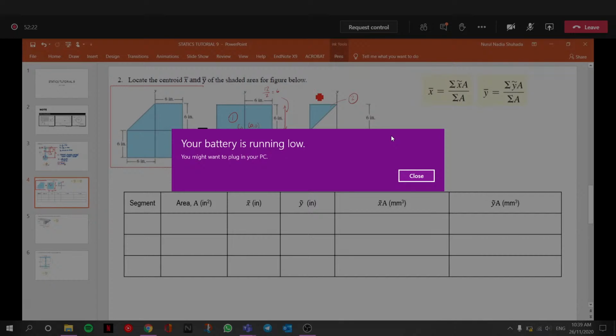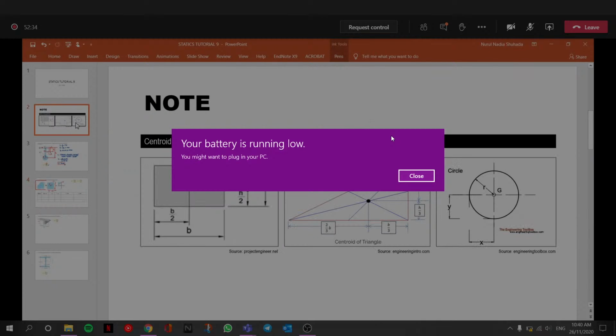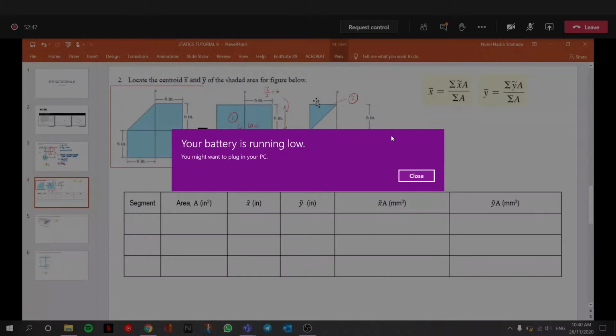Okay, so next is the centroid for the triangle. As shown in the figure here, the centroid should be closest to the 90 degree angle, so it should be somewhere around here.